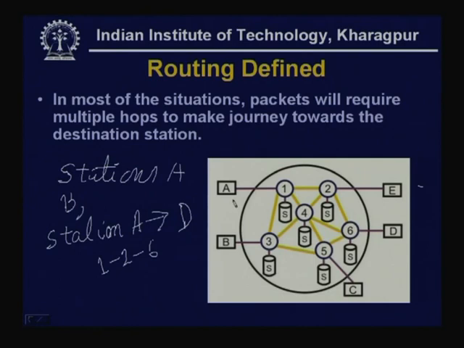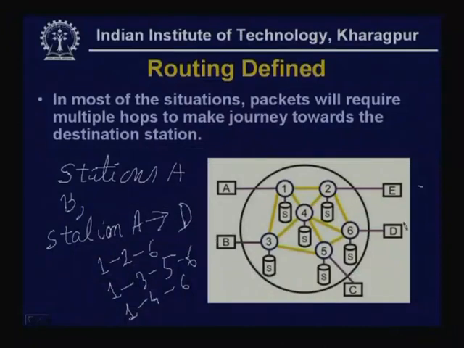In this way, the packet from station A can go to station D. This is not the only route or path. There exist several alternatives. For example, it can go via 1, then to 3, then to 5, then to 6, or it can go via 1, then to 4, then to 6. So, we find there are several alternative routes.